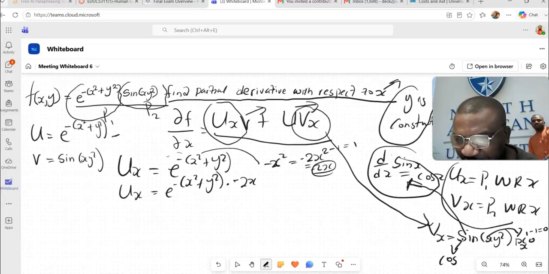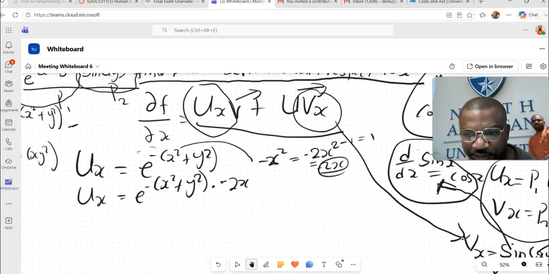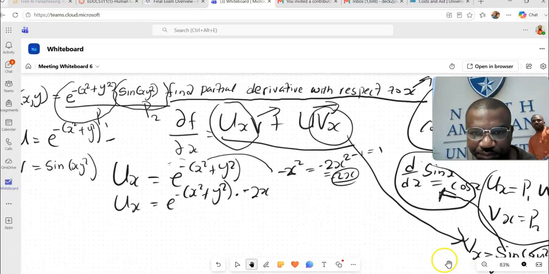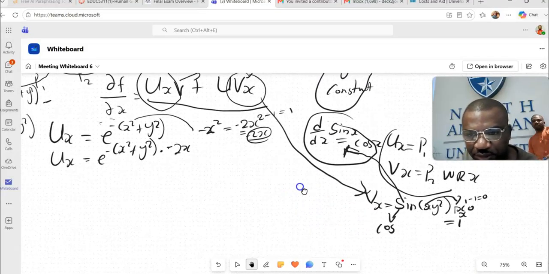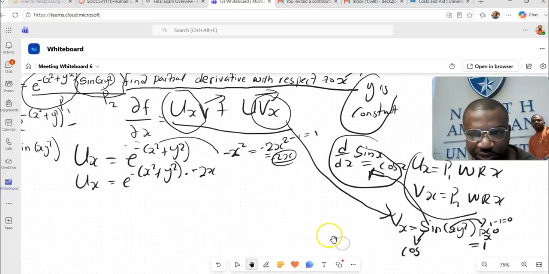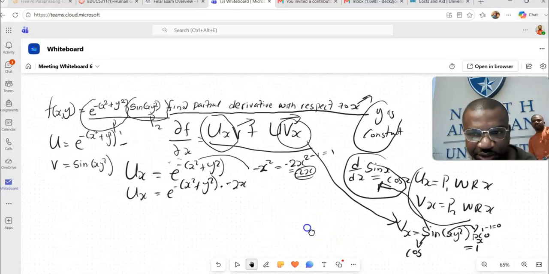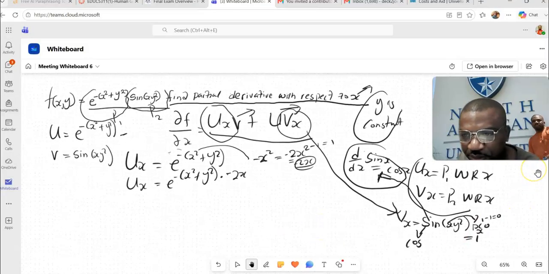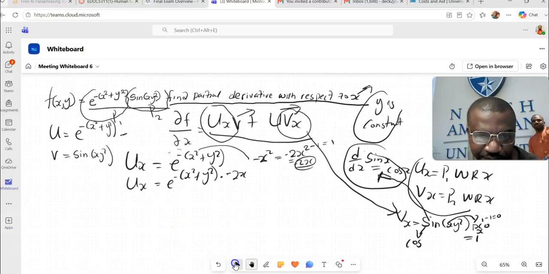Remember, anything that is to the power 0 is equal to 1.